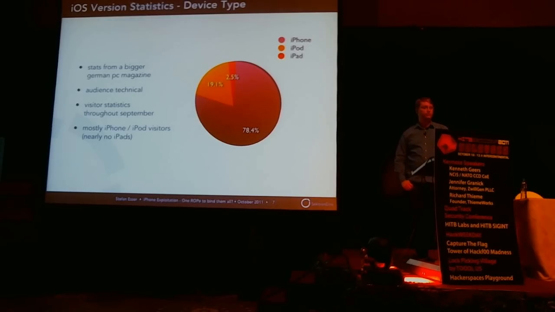Maybe the users of the site are not using iPads, or maybe iPads are just not so common in Germany. But the site owner could not explain why it's that low. He doesn't know if it's a glitch in the statistics, but it seems like we have a lot more iPhones and iPods than iPads. Or at least this site.